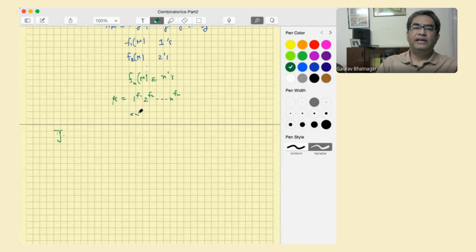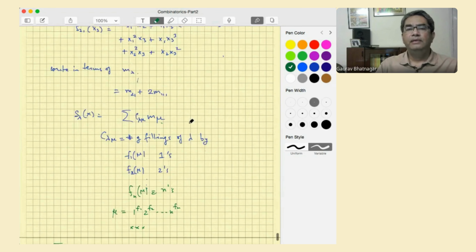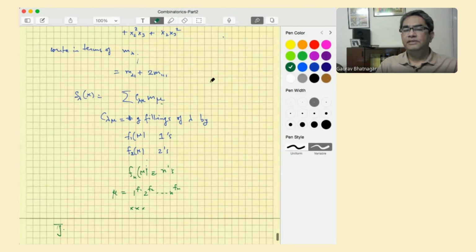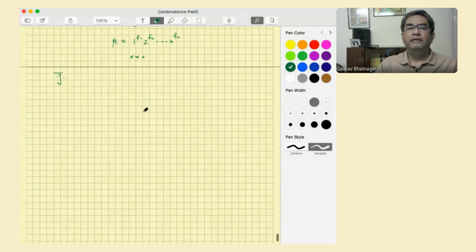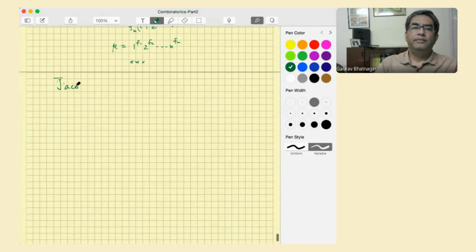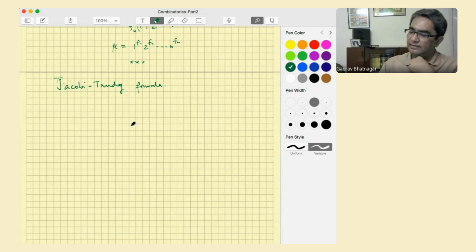Then there is this identity. So this is one identity. This is one theorem. So I'm not proving these things. I'm just indicating to you what they mean. Then there is one which is the Jacobi-Trudi formula or identities.